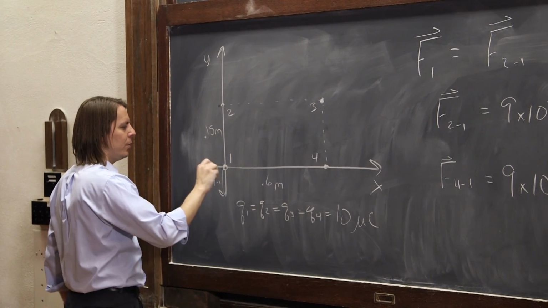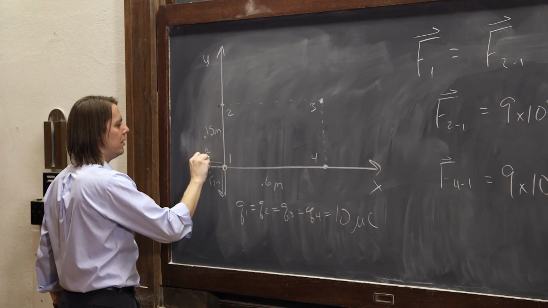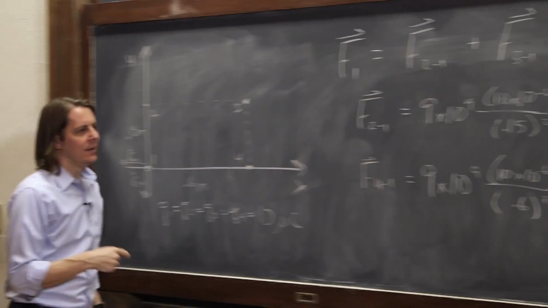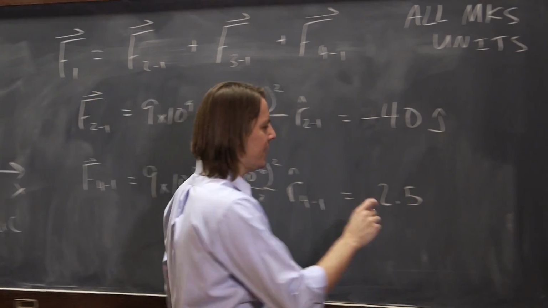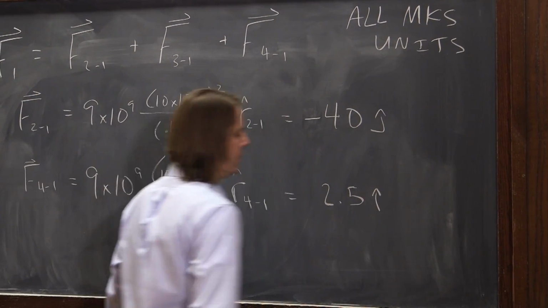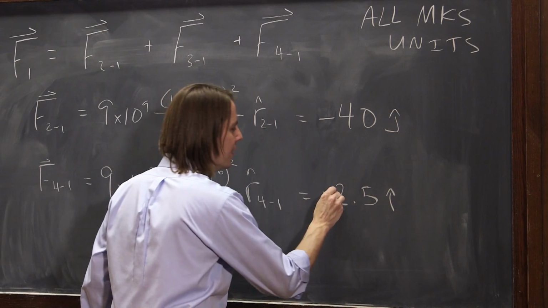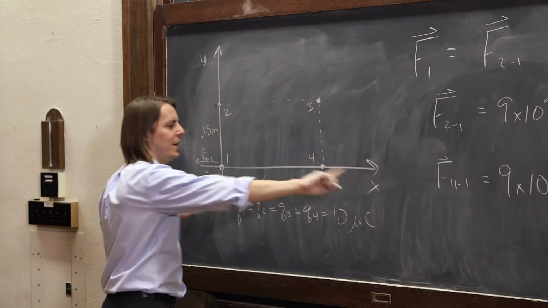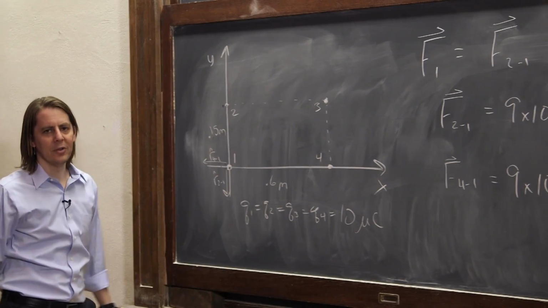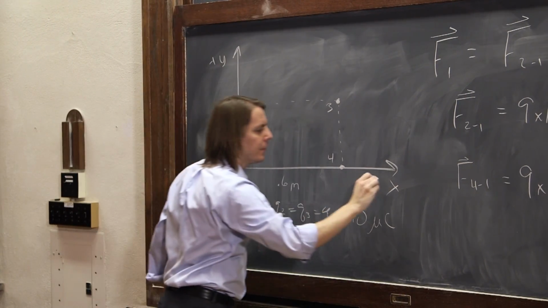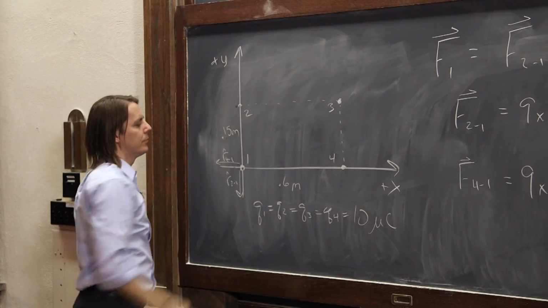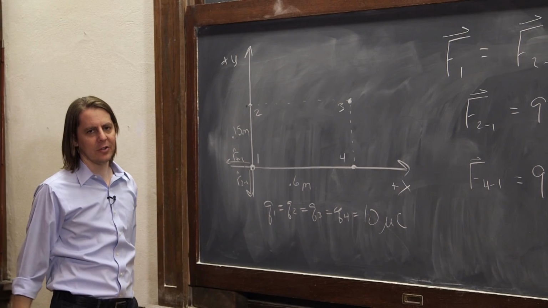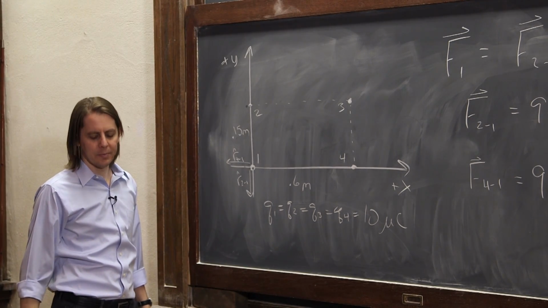Its unit vector r hat 4, 1 looks like that, magnitude of 1 pointing that way. This one is on the x-axis, so that's the i hat direction, and it's negative again, because the force is going in the negative direction of the axis. We assumed x was positive this way and y was positive that way. So again, we're just looking at it and using inspection to decide which way it points.